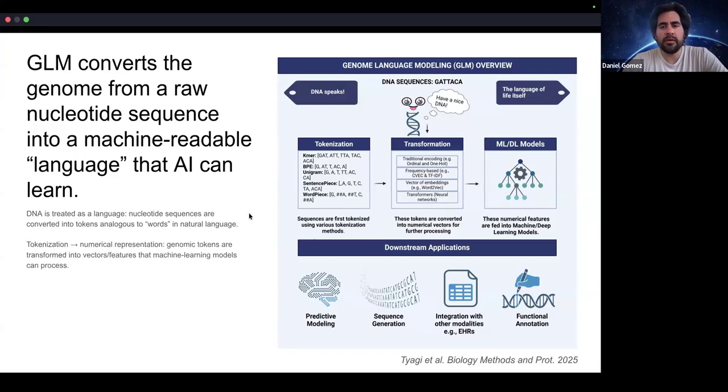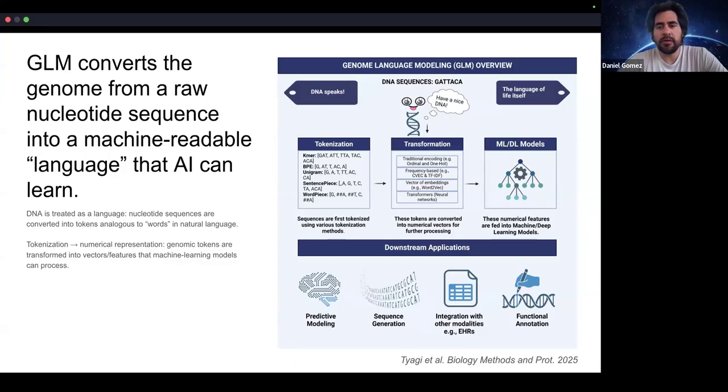Tokenization is a numerical representation that is transformed into vectors, features that language modeling, machine learning models can process. So the sequences are first tokenized using various tokenization methods.